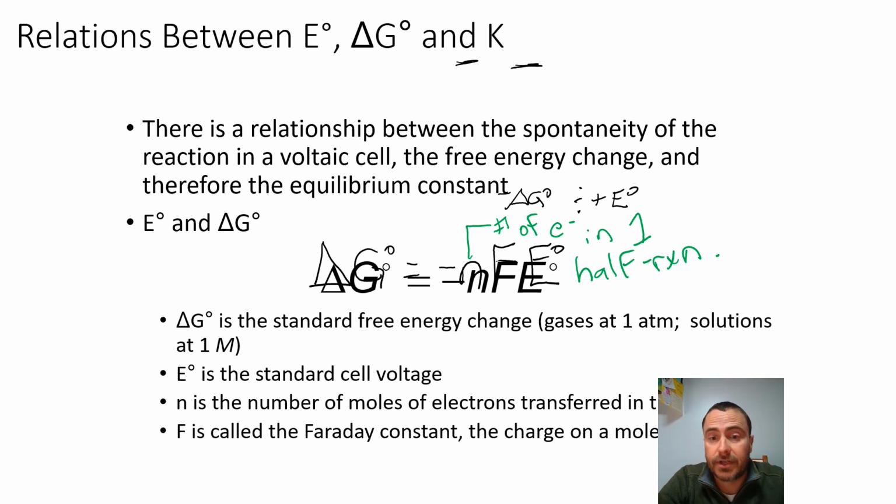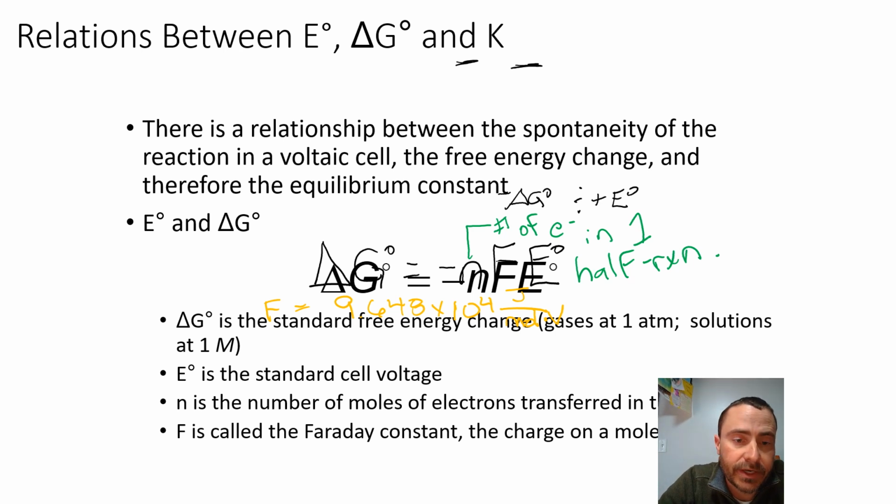So if the reduction has 6 and the oxidation has 6, your N is going to be 6 and not 12. F is the Faraday constant. F is equal to 9.648 times 10 to the 4th joules per mole times volts. This is just a constant, so we can plug it in as that number anytime that we need to use this equation.